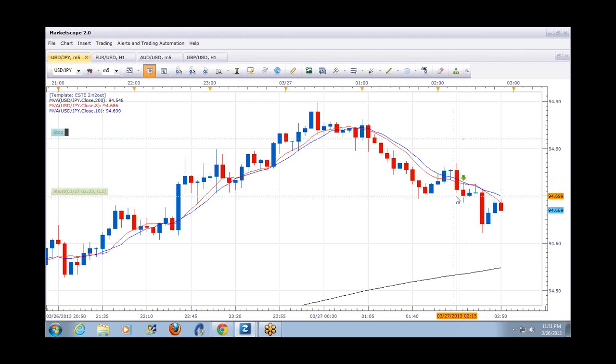The reason I shorted from here is that it seemed to break out from this previous low. But as we see, it quickly pulled back up and turned into a doji, and luckily it was a downtrend. It still followed through, and then back to here.